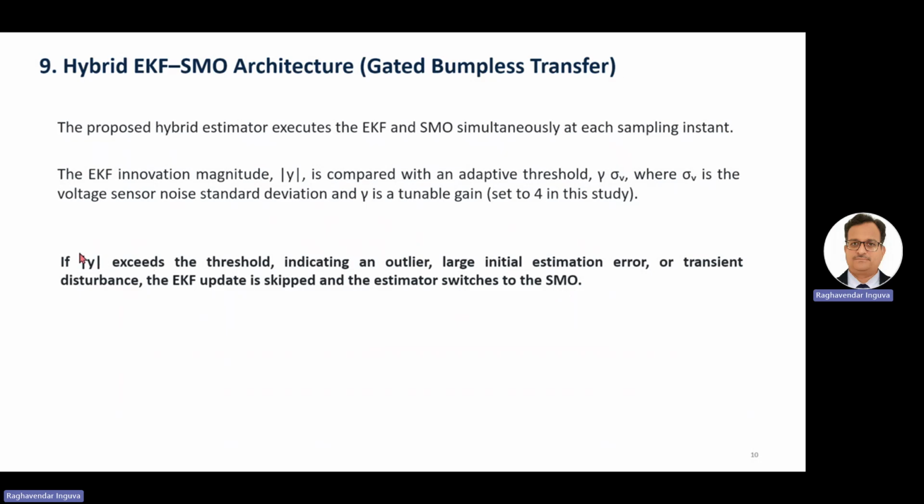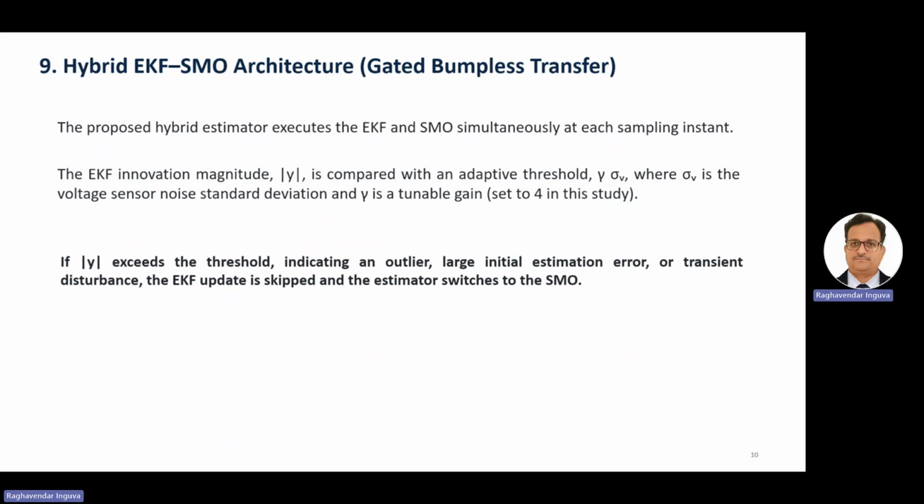If mod y is not exceeding the threshold, then the EKF update is used for SOC estimation, and SMO will be skipped. So the selection between EKF and SMO depends upon mod y, the modulus of y. Whether it is exceeding the threshold or within the threshold decides which estimation technique has to be used.